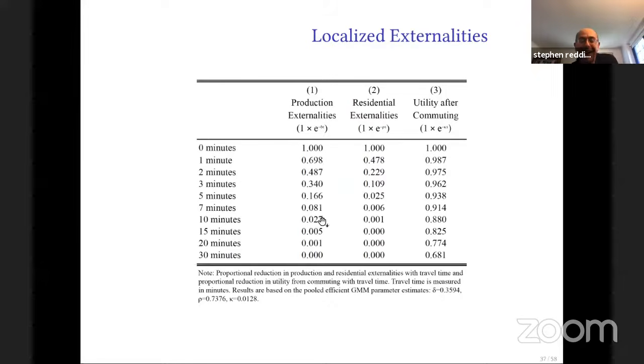Sorry, I'm getting tired. But these production externalities decay rapidly in travel time. The same is true for residential externalities. In contrast, utility falls much less with commuting, and that's consistent with the fact that people are commuting quite substantial distances, up to around 45 minutes travel time.